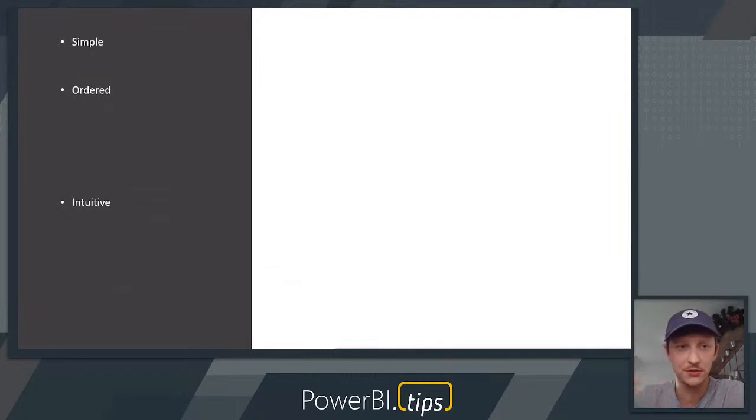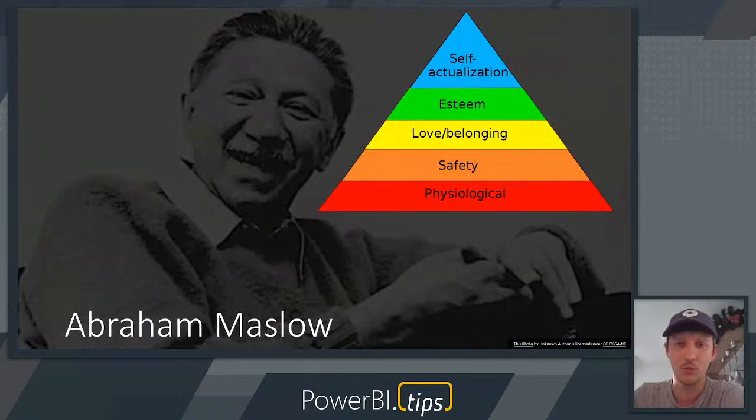And when it comes to interaction, our goal should be to make our design simple, ordered, and intuitive. Just for a second, if you think about why those are the most important principles, I would refer to Abraham Maslow's pyramid of needs.